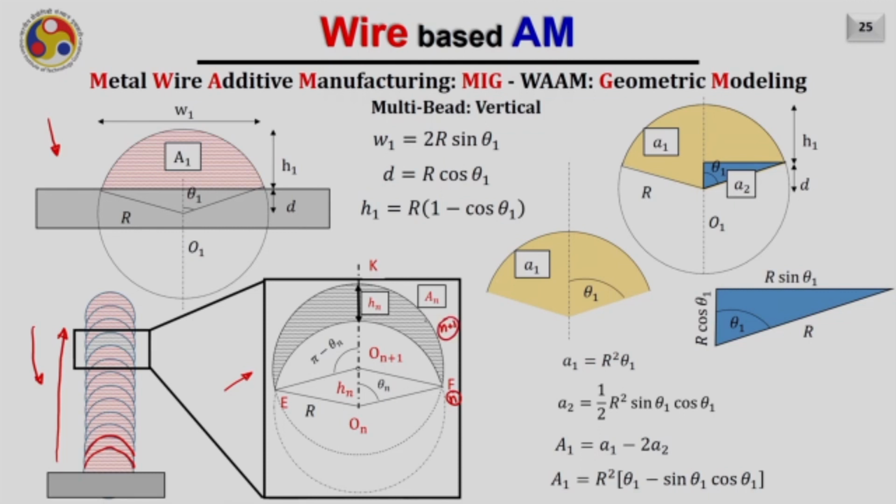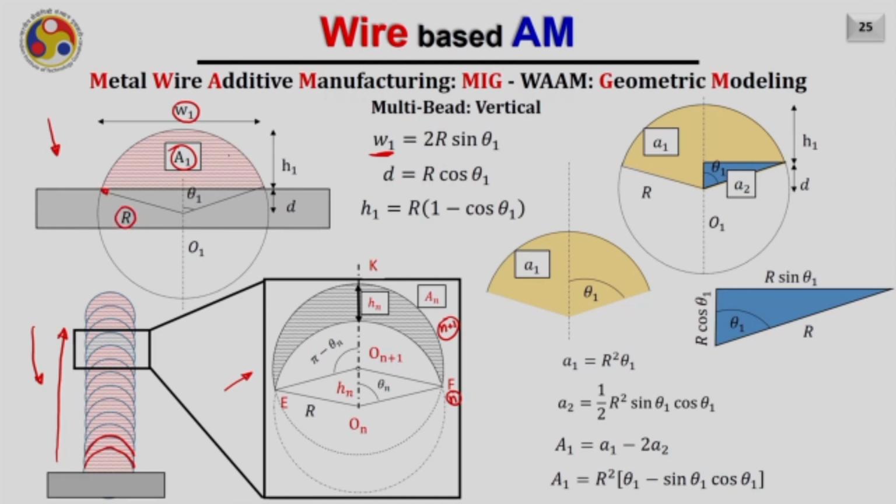Now let us come back and first find the area of the bead deposited on the flat surface. Here we can see that W1, the width of the bead, can be given in terms of R, the radius of this circle, which I have already mentioned can represent the curve.